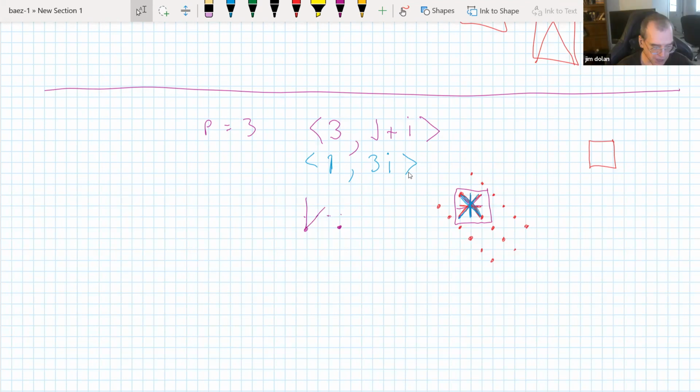Sure. So each one of these Gaussian sublattices of index 3 can be taken as the period lattice of a Gaussian design.